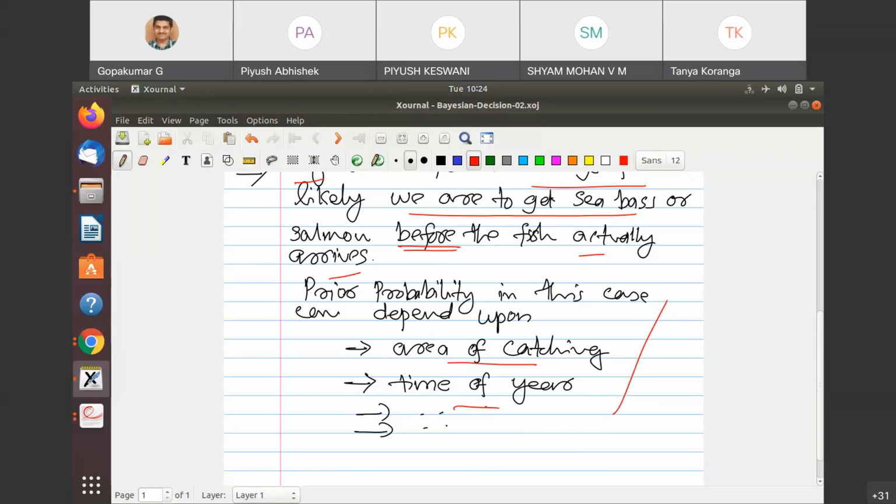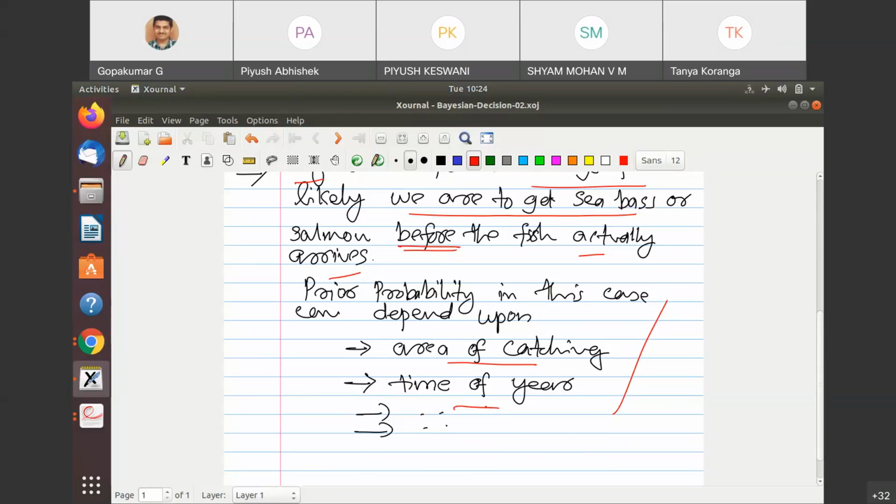Who is finding out this prior probability can also have a lot of impact, whether a relatively new, inexperienced fisherman or one who has been fishing at a particular place for 20 plus or 30 plus years.